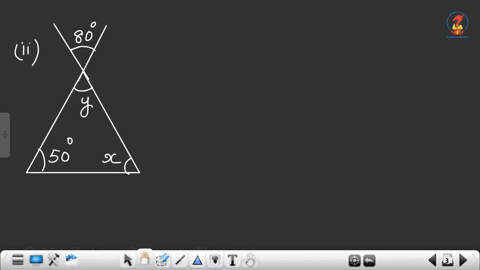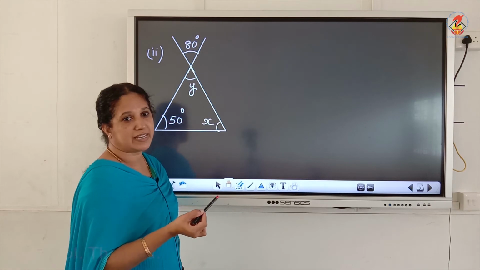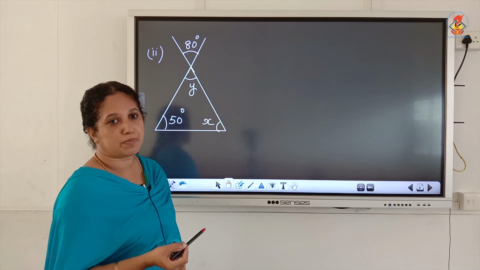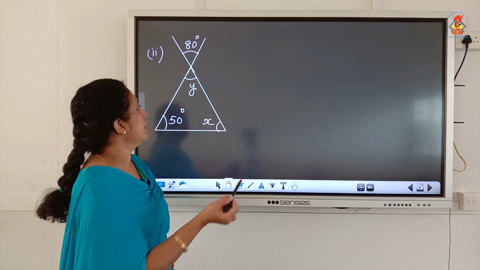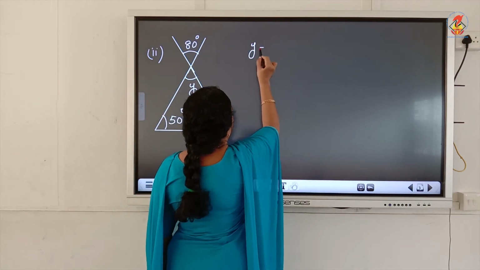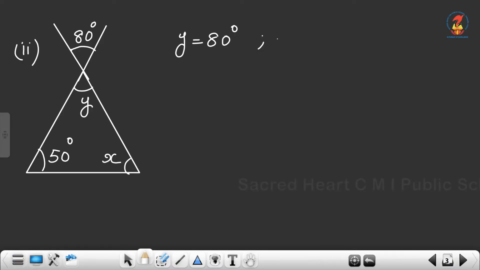You can see that y and 80 degree are vertically opposite angles. Vertically opposite angles are always equal. Therefore, y is equal to 80 degree. The reason is vertically opposite angles are equal.